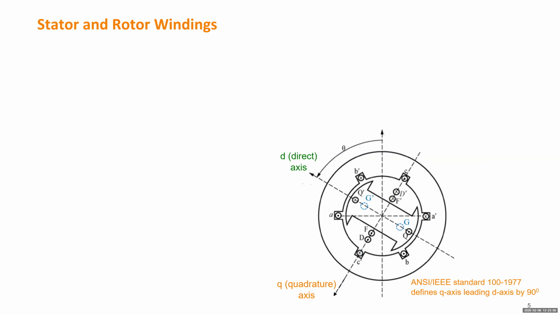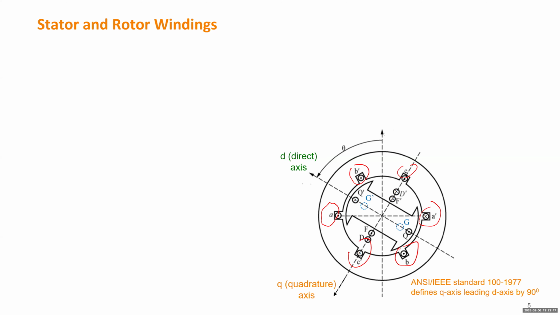For instance, this is a, and this is a prime, which means the current will come out from a and go into the screen at a prime. The axis of winding a is right now vertical. Similarly, there will be b and b prime, lagging a and a prime respectively by 120 degrees. Also we have c and c prime. Those three windings are for the stator.